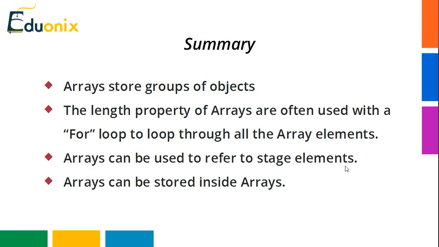I've shown you arrays being used with stage elements as well as objects stored inside them directly, and I've also showed you an example of an array being stored inside an array to create a multi-dimensional array. In the next lesson I want to talk about another type of loop called a while loop.